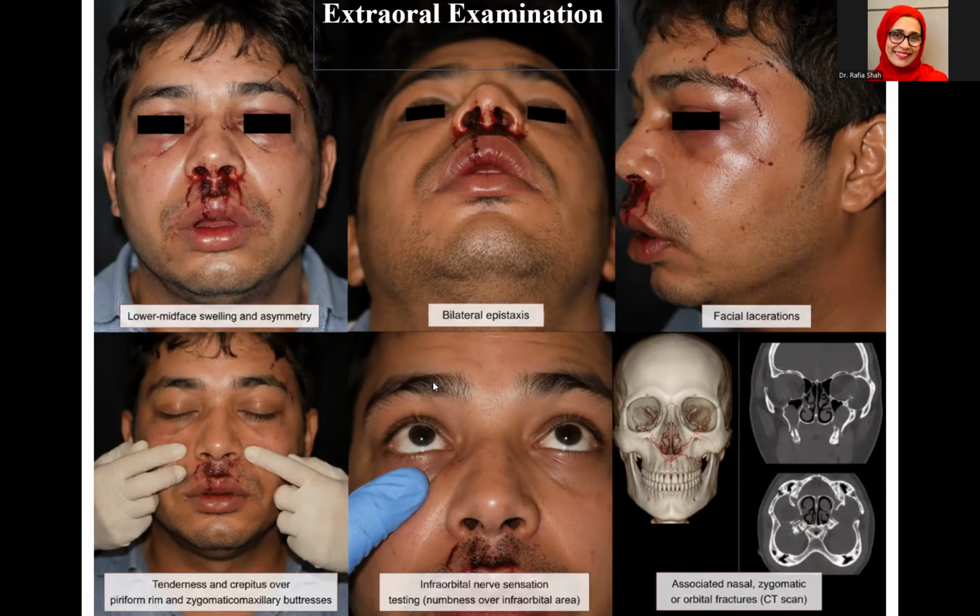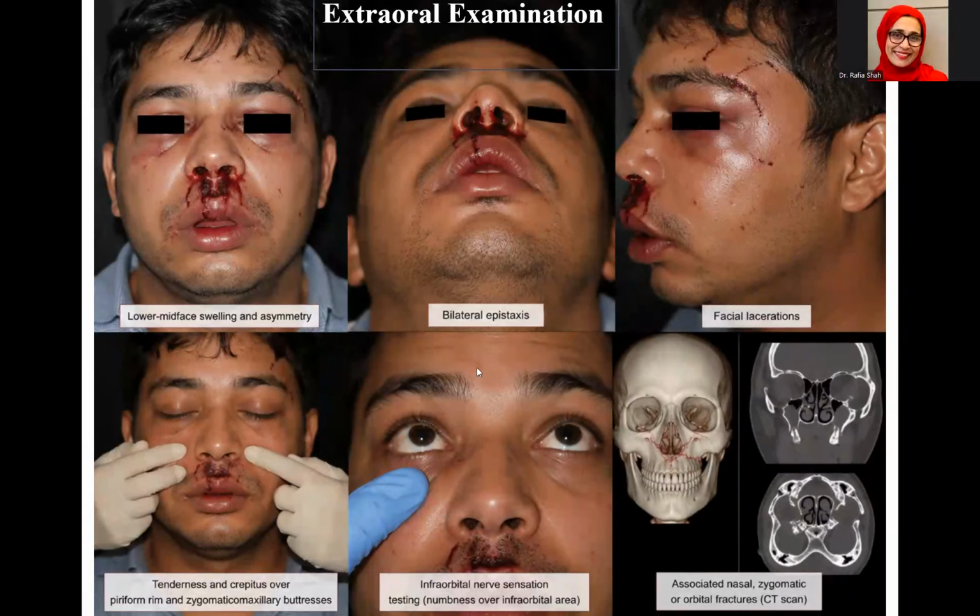Then you need to assess any tenderness or crepitus over the pyriform aperture and the zygomatic buttress to see the margins of the fracture. Then we look for infraorbital nerve numbness, because the fracture line is crossing the zygomatic bone. We need to be sure whether the patient has any problem with the infraorbital nerve, that is, when you test it, whether the patient feels sensation in that region or not.